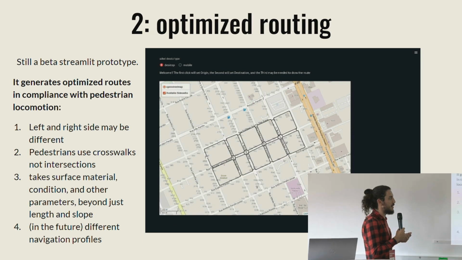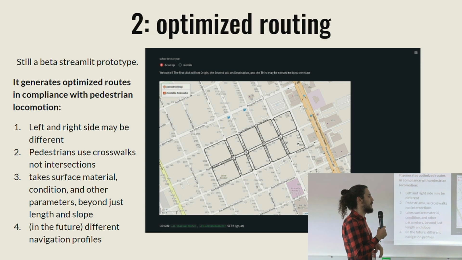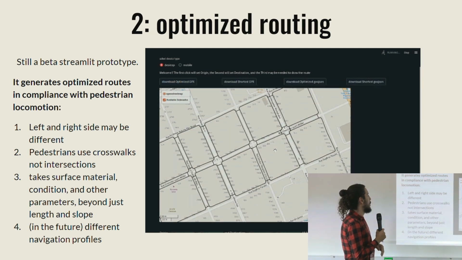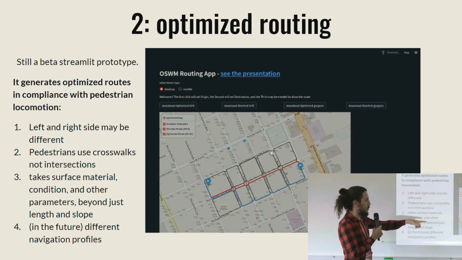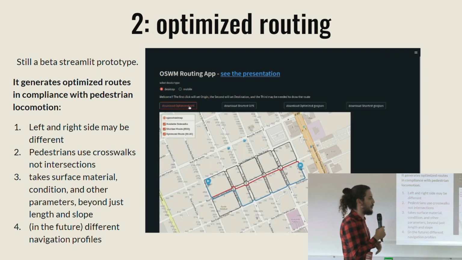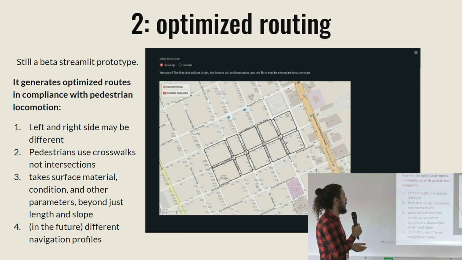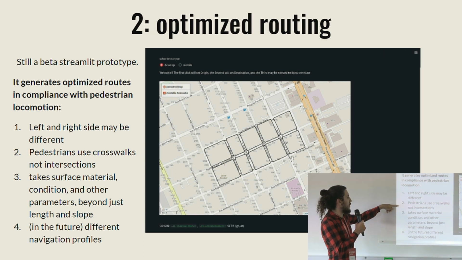The second one is a routing app that to this day is still just a Streamlit demo, very simple. But it has the most important part, that is to create routes featuring characteristics of pedestrian displacement. So left and right side may be different.